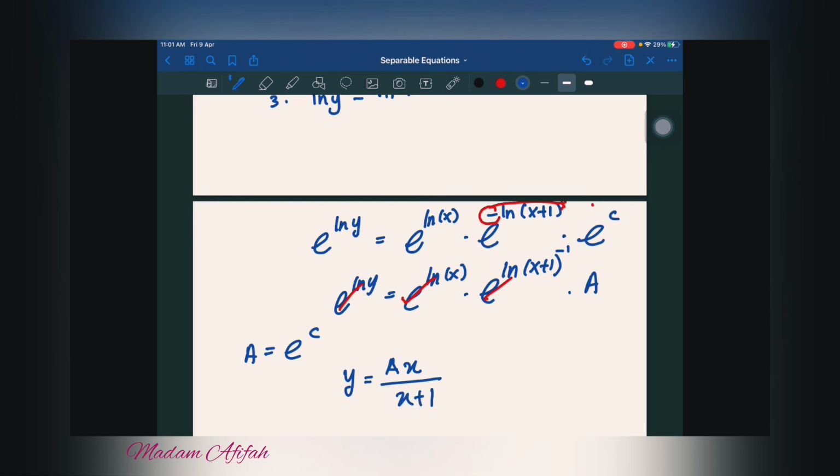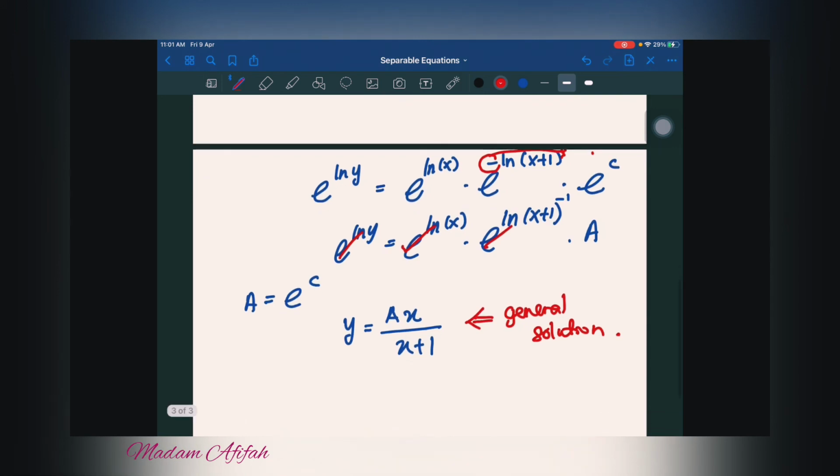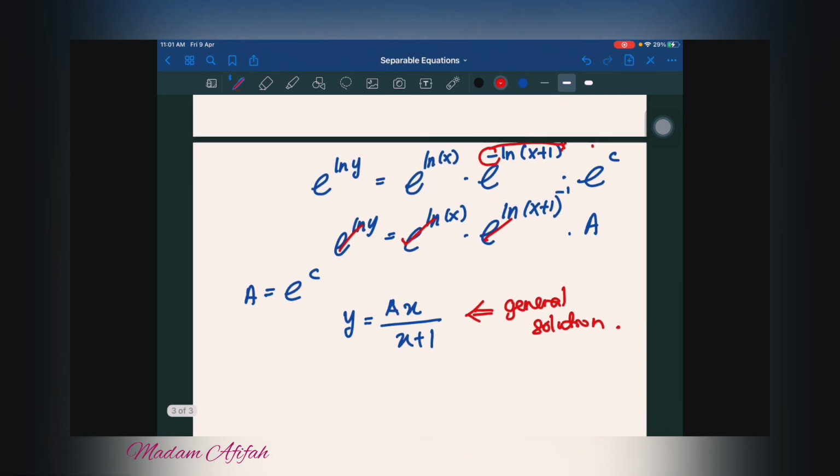I just bring the constant to the front, and since it is to the power of negative 1, it goes over x plus 1. This is the general solution. But the question asks you to find the particular solution when you are given the condition y(1) equals 3.